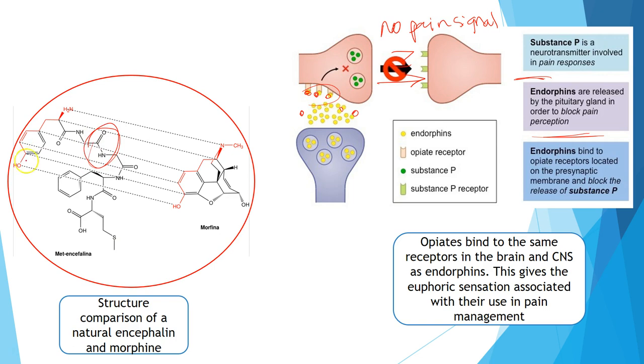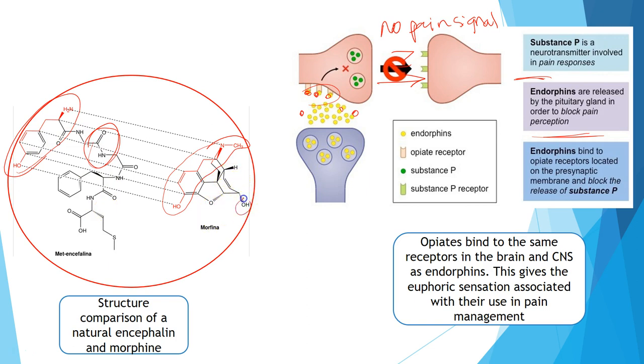But if we have a look here, this particular group here is very similar to the fused ring structure and the sort of shape that we see on the edge of morphine shown here. So you can picture that this part of the molecule is going to bind into a very similar shape as what this part of this molecule would. This is going to hang out here.